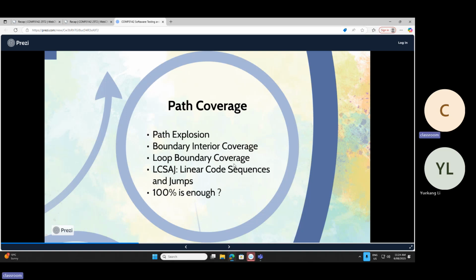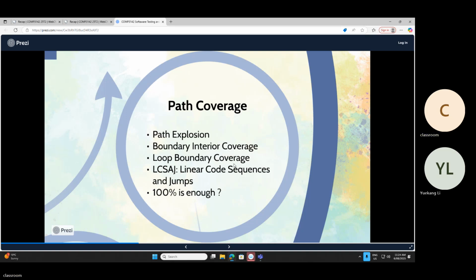Branches and loops. For each branch, the number of paths will double, times two, every time we encounter a branch. And for loops, every time we get inside the loop, we get a new path, right?